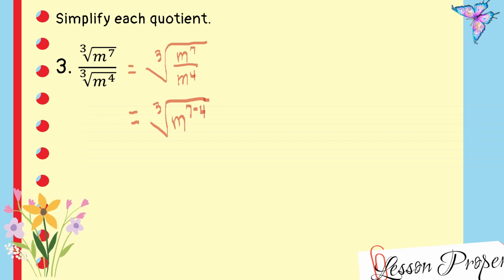We copy the base and subtract the exponents when we are dividing expressions of the same base. So we have cube root of m, 7 minus 4 is 3. And by the first law of radicals, cube root of m cubed is equal to m.